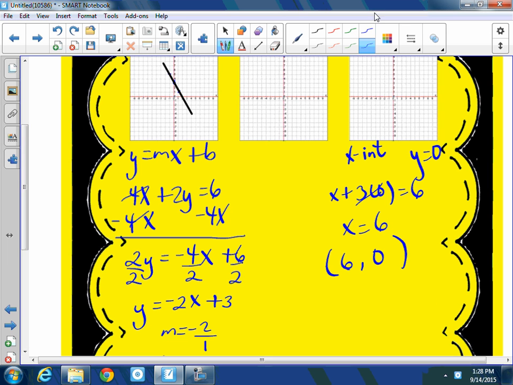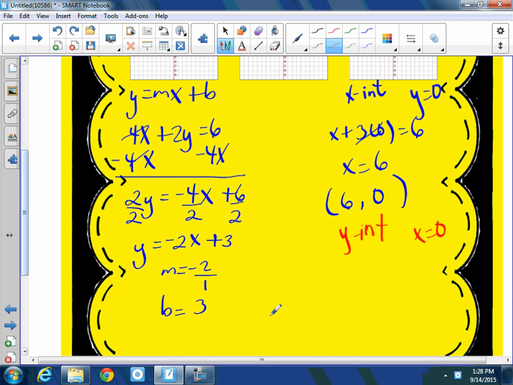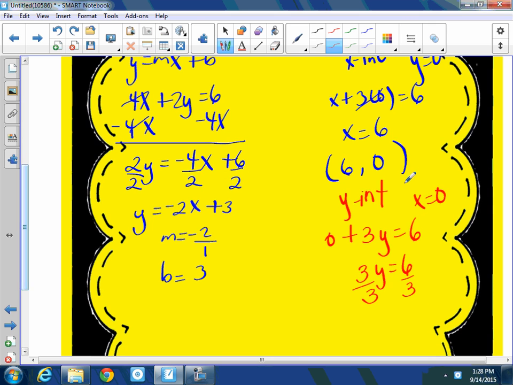For my y-intercept, the other end of the line, x equals 0. So 0 plus 2y equals 6. So now we know that 2y equals 6. So divide by 2, and y equals 3.